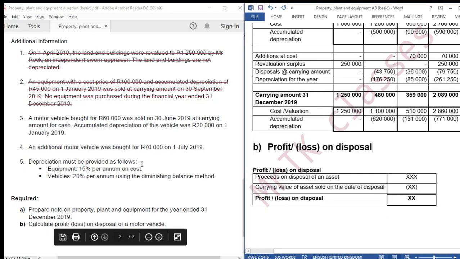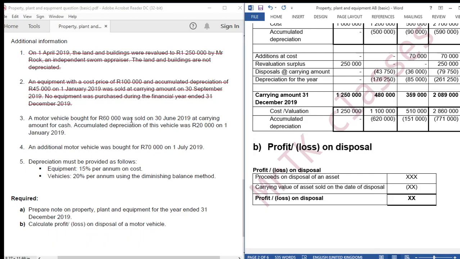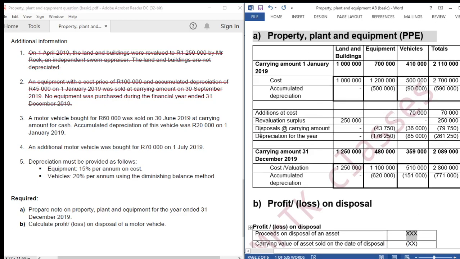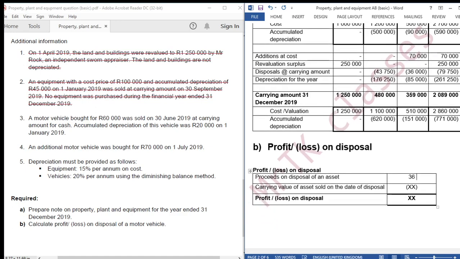All right, so a motor vehicle bought for 60,000 was sold on 30 June 2019 at carrying amount for cash. Okay, it was sold at carrying amount. So what was the carrying amount? 36,000.